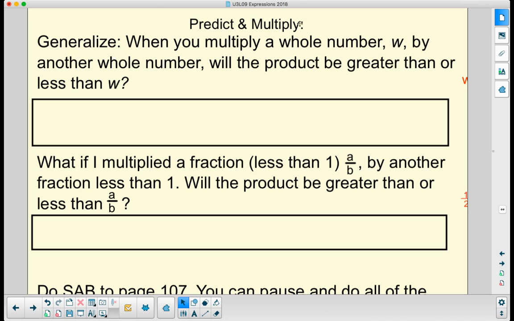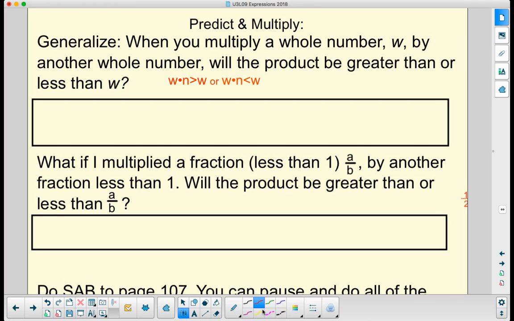Let's do a generalized rule that can help us. When you multiply a whole number, W by another whole number, will the product be greater than or less than W? Now, this confuses me, so I wrote it out in an equation. Whole number multiplied by another whole number, is it going to be greater than that first whole number, or will it be less than the first whole number?